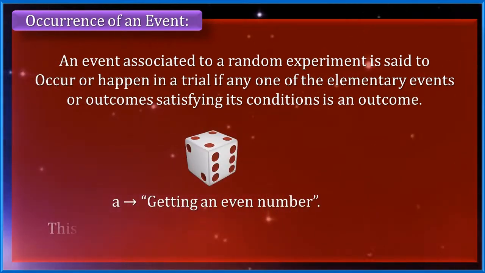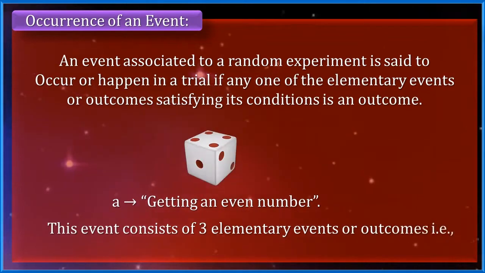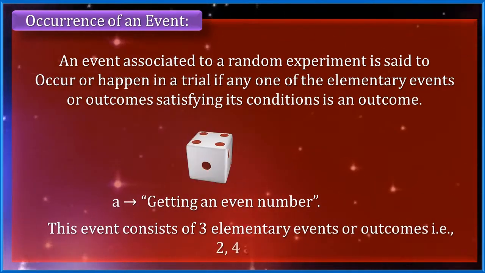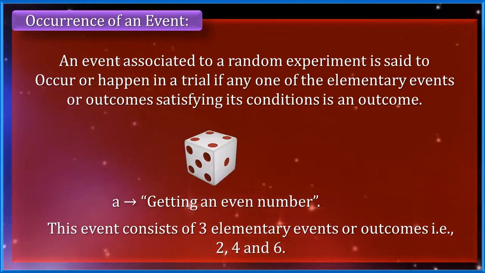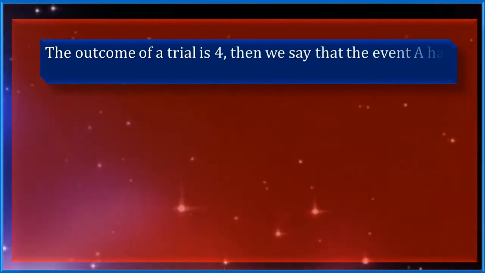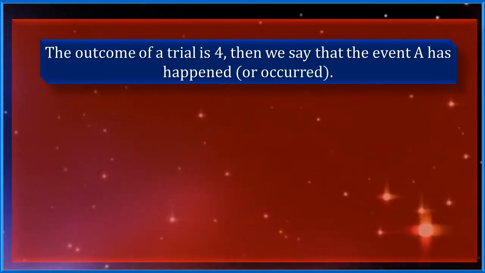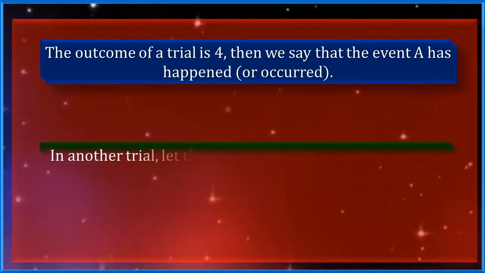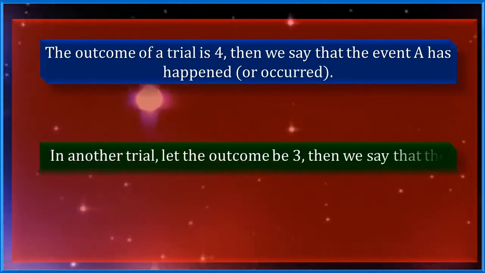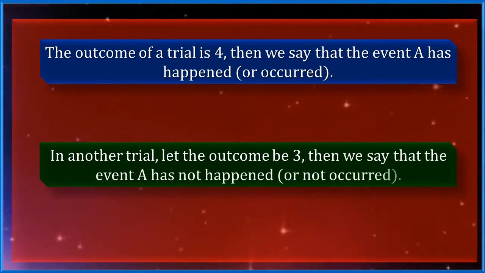This event consists of 3 elementary events or outcomes, that is, 2, 4, and 6. Now, suppose that the outcome of a trial is 4, then we say that the event A has happened or occurred. In another trial, let the outcome be 3, then we say that the event A has not happened or occurred.